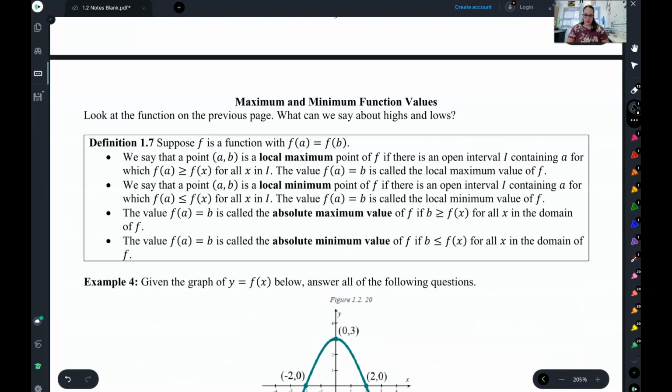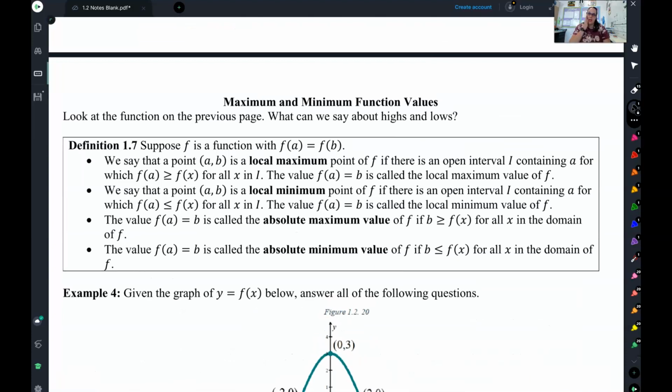Next, let's do our definitions of maximums and minimums. Now, we have two types of max and mins. We have our local max and min, which is a maximum and minimum point locally. The way I remember it is, a local max is a point higher than the points around it.